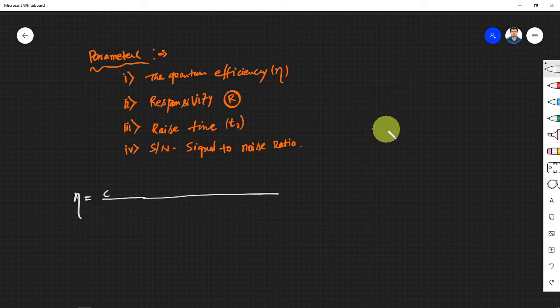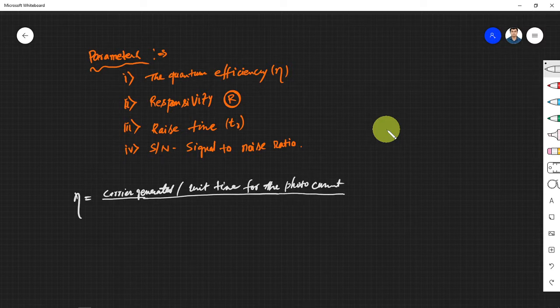So it is the carriers generated per unit time for the photocurrent, or photon flux also you can say.